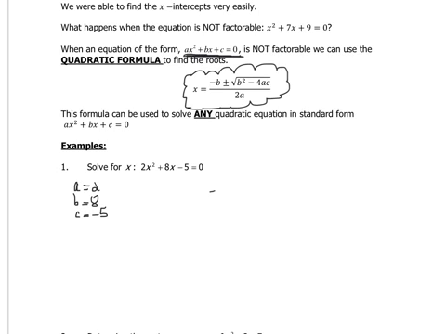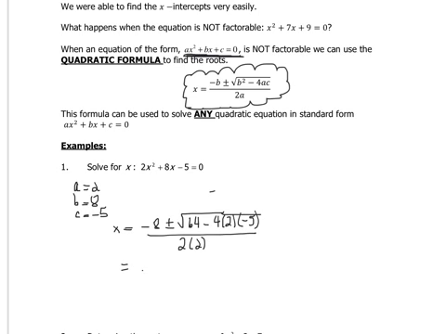So if we use our formula, we would have x equals negative b, which is negative 8, plus or minus the square root of b squared, which would be 8 squared or 64, minus 4, a would be 2, and c would be negative 5, all over 2 times a, which is 2 times 2.